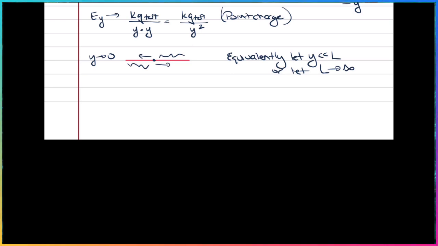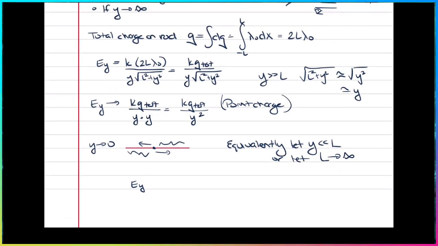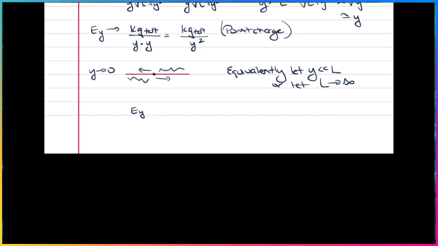Well, in that case, E sub y, and let's just do it in the limit that L gets enormous. We have a similar sort of thing to what we have here, but for L instead of y. So in this case, E sub y is k lambda naught L over y, and then there's the square root of L squared plus y squared.